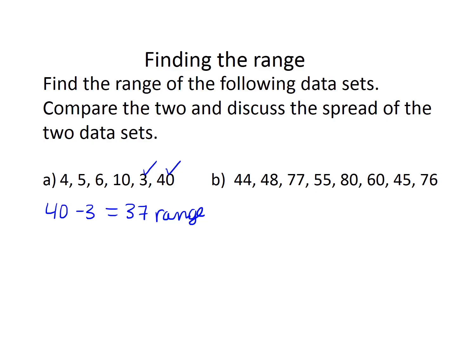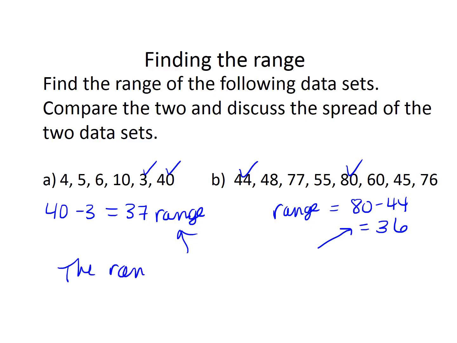In the second data set, the high is 80 and the low is 44. That should give you 36 for the range. So you can see that the range is very close.